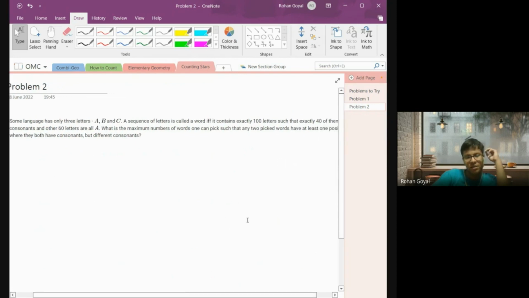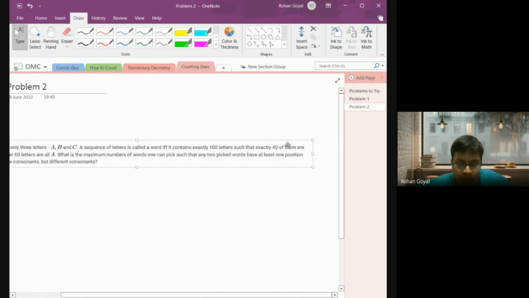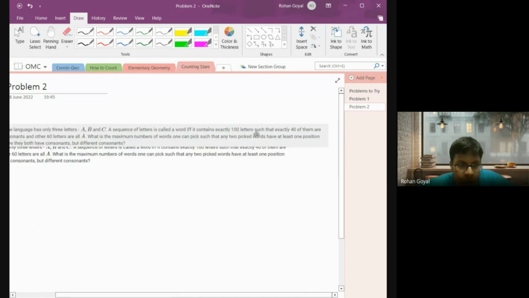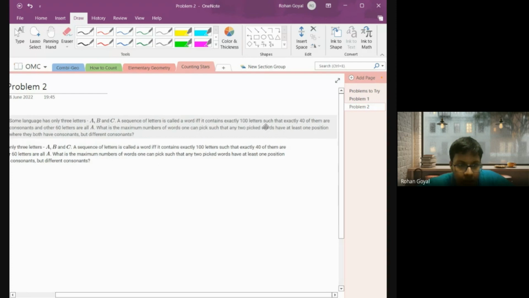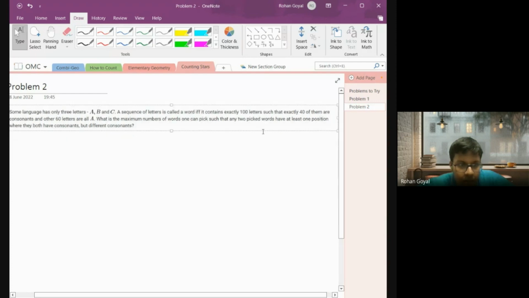Okay, does everyone actually understand the problem? Because getting this to the appropriate size is tricky already. Maybe this will fit. Yay, fit. All right.